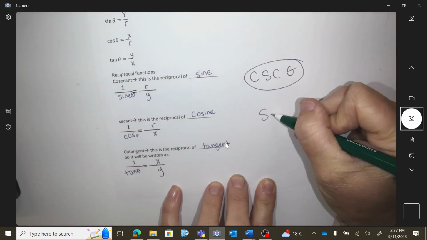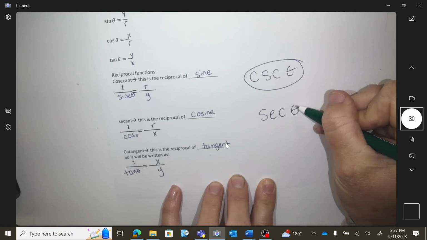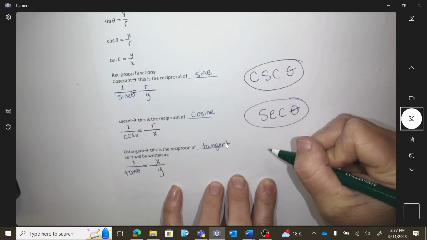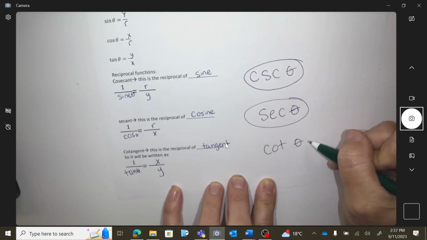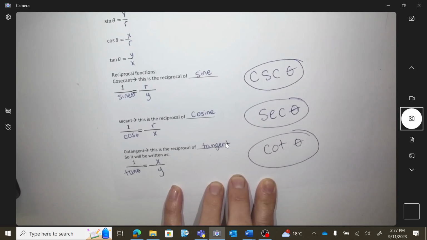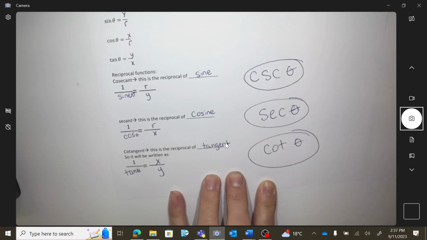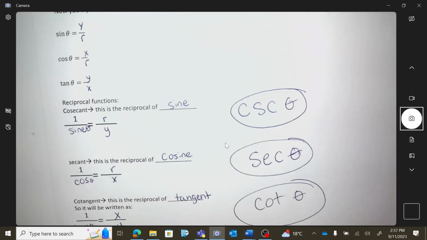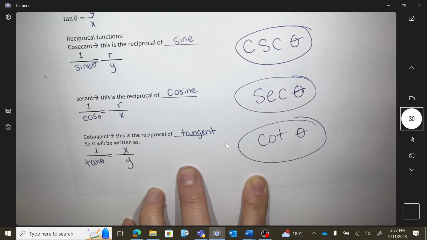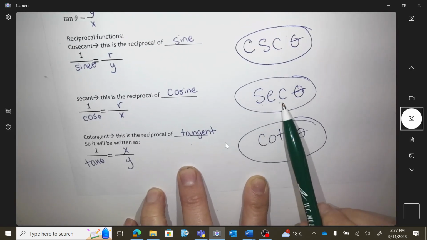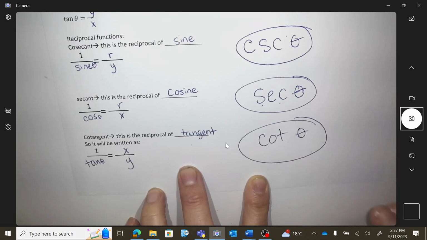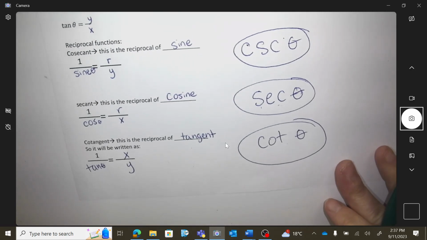Secant. And cotangent. They usually use 3 letters for them all, so that's what you would see in your book. Cosecant is like that, secant, and cotangent. Those would be the abbreviations.